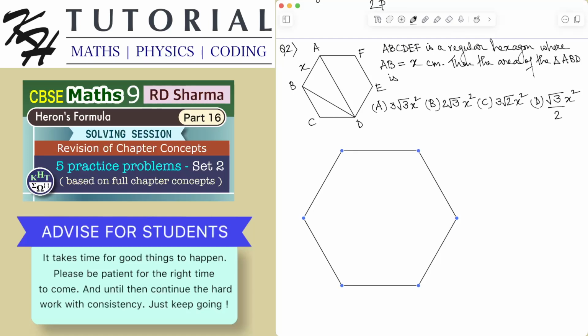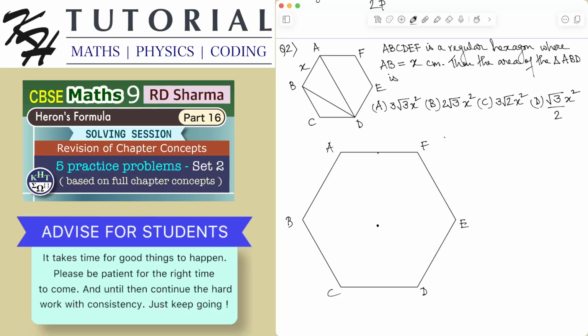First thing is that we have the center of a regular hexagon. It could be any regular polygon. The center of any regular polygon is the point of intersection of all the perpendicular bisectors of the sides. Let's say this is the regular hexagon A, B, C, D, E, F. I am drawing the perpendicular bisector of the side AF.